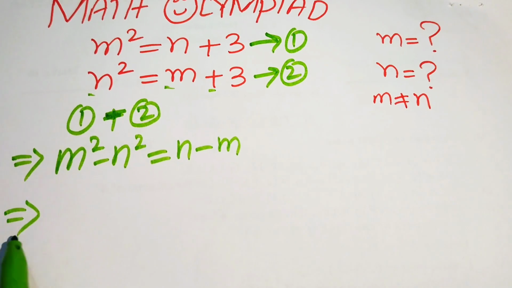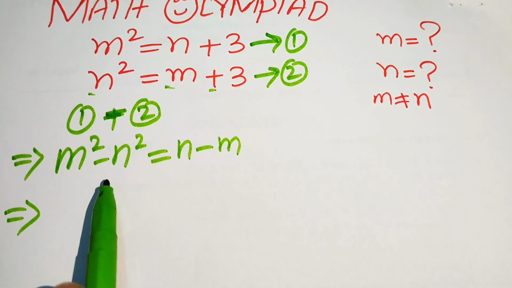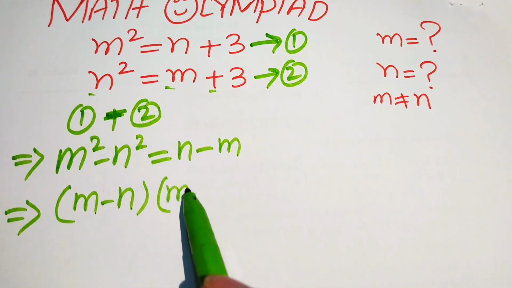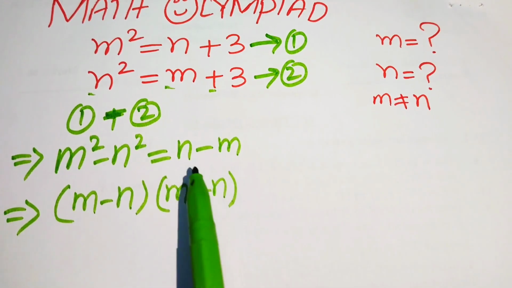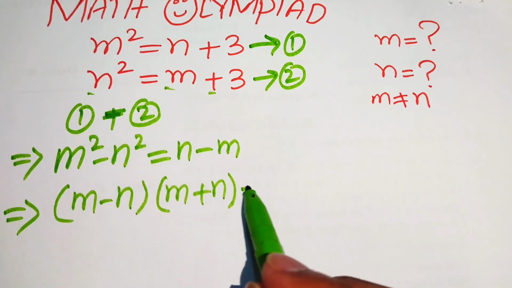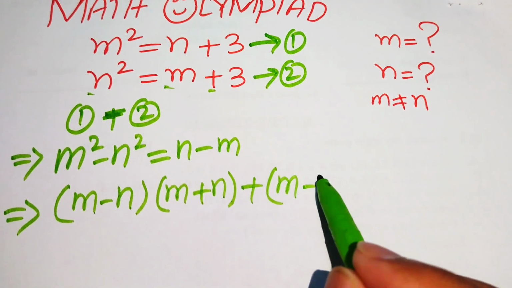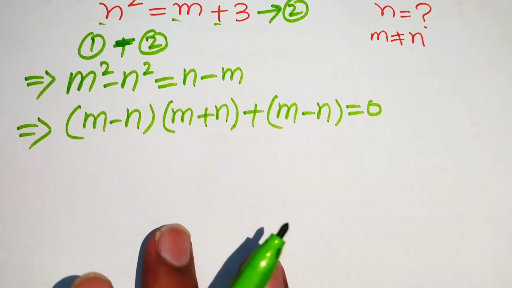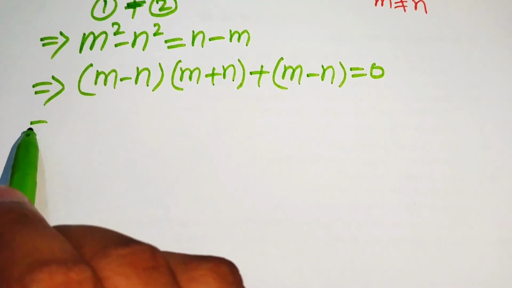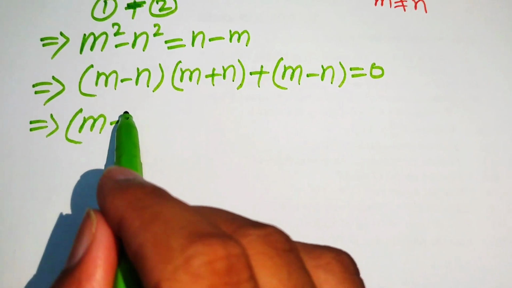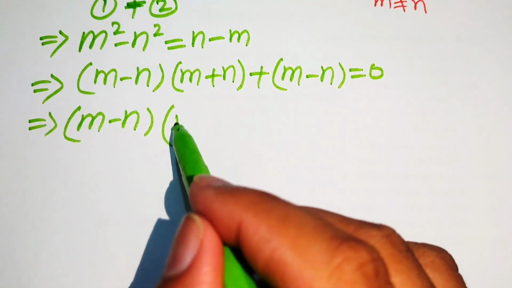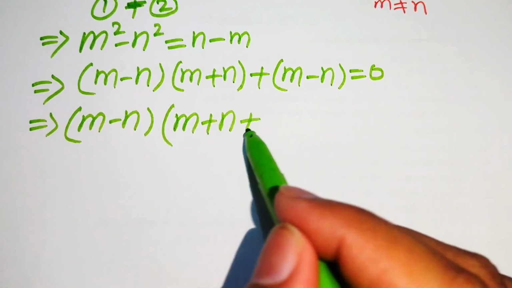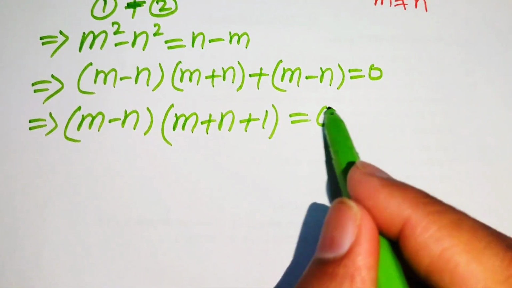In the next step we need some simplification, and we know that m square minus n square equals m minus n times m plus n, and we move these two terms to the left hand side and it becomes m minus n equals 0. Now we have m minus n as the common term, so we take common m minus n and we get m plus n, and here we take common n minus 1 and we get plus 1 equals 0.